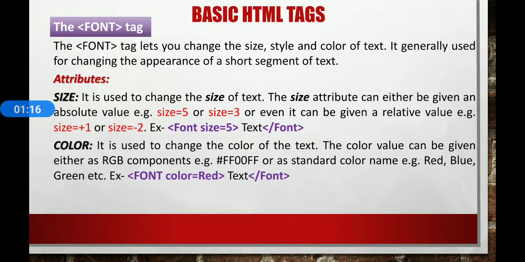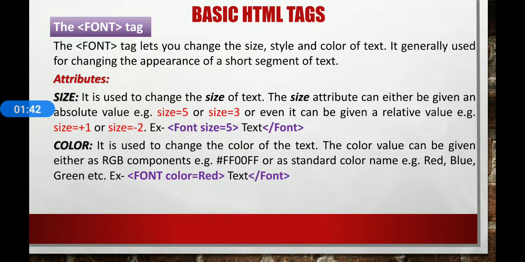Next is the color attribute. It is used to change the color of text. The color value can be given either in RGB components, for example, #FF00BB, or as a standard color name like red, blue, green, brown.